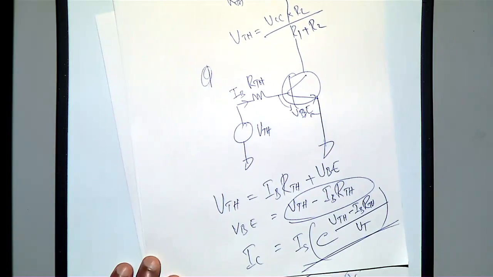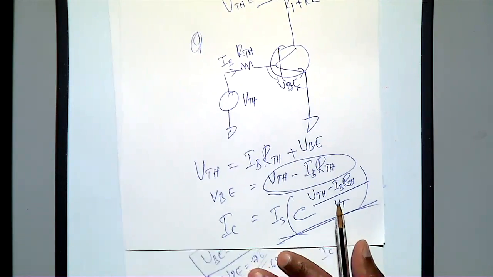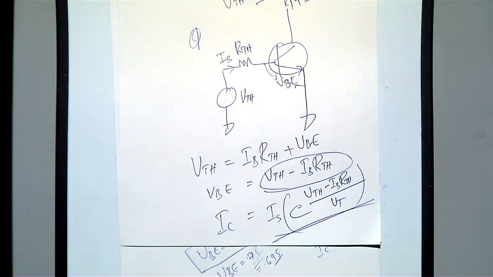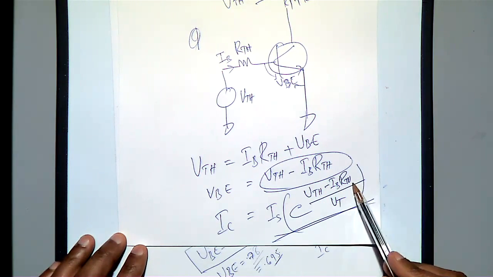So if you are not neglecting the base current, then your IC is equal to IS into exponential of VTH minus IB RTH by VT.